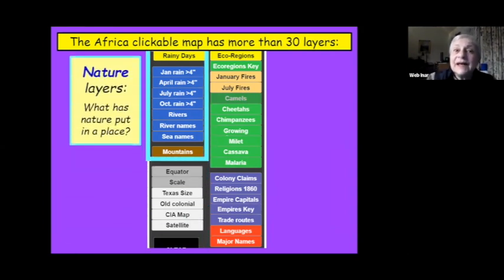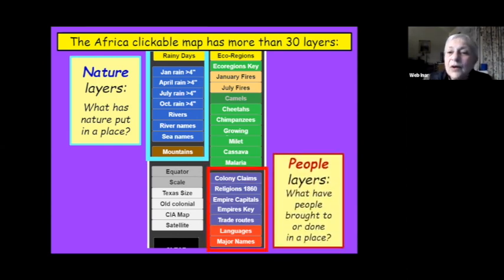You will see that you think of some of these layers as nature layers, so that we look at what nature has put in place and we can't do a whole lot about as people. There are also what I would call people layers, for example, empire capitals, religions, and the people layers include what people have brought to a place or what they have done in a place.